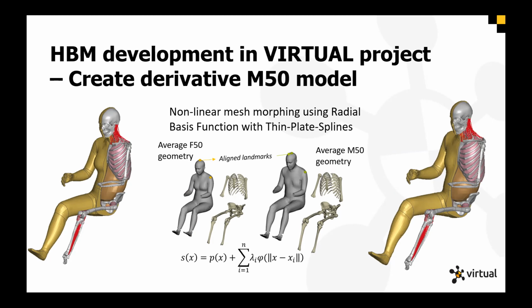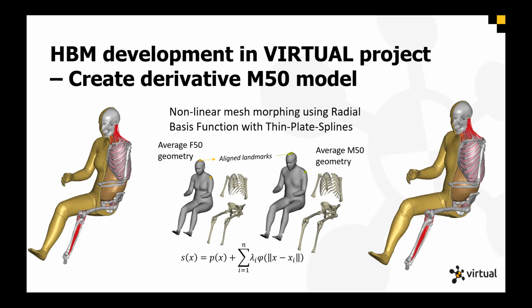And this will tell the morphing procedure how these landmarks should be moved to create the male versions. And you would do this for a rather large number of points, basically on all the structures that you want to control. And then the points in between will be interpolated based on the closeness to the landmarks.